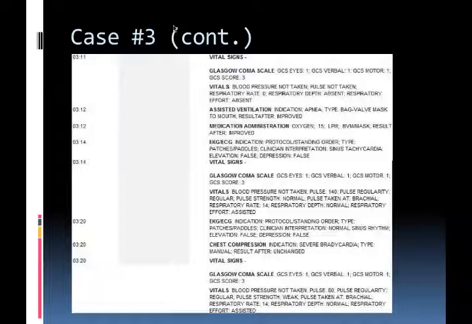So there was no respiratory effort. Apparently, a bag valve mask was started, and there was a pulse of 140, brachial pulse. Chest compressions were started after the heart rate fell appropriately.